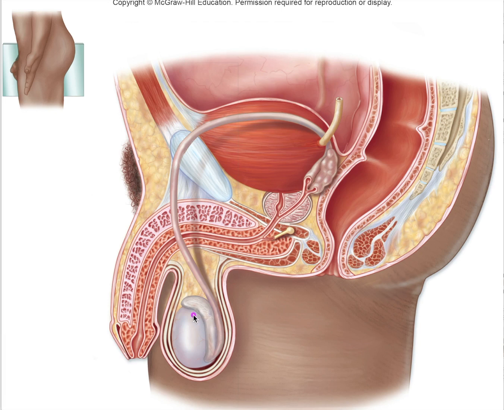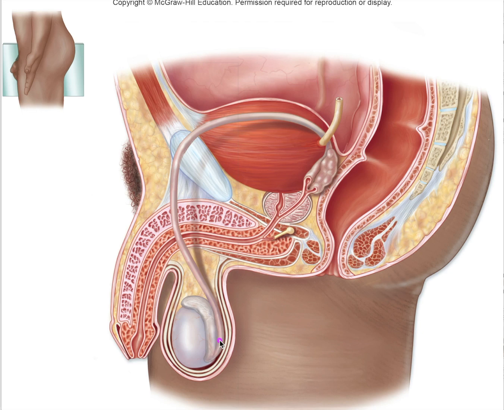So the sperm, like I said, they're created in the testicle. They're housed and mature in the epididymis, and during ejaculation, the sperm will be released from the epididymis and they'll travel through this tunnel here. It's not a tunnel, it's a tube, which is the ductus deferens or the vas deferens.